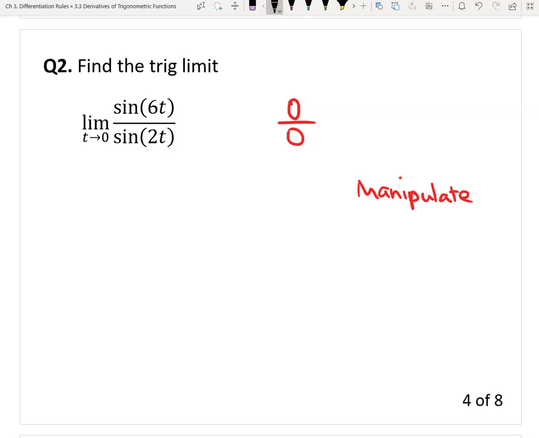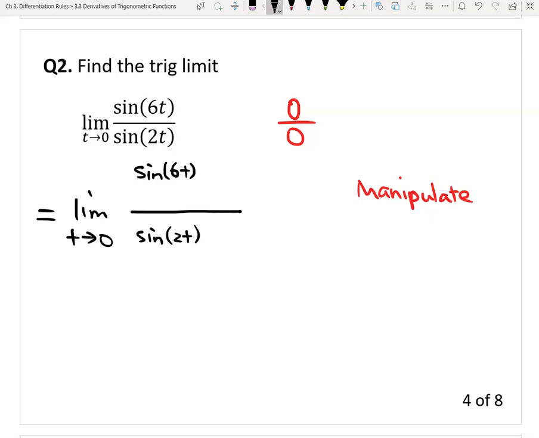Let me show how to do the manipulation. Here we have the limit as t approaches 0, keeping in mind that this variable is t. I have to write a little bit longer. The top is sine 6t, the bottom is sine 2t. How to manipulate?